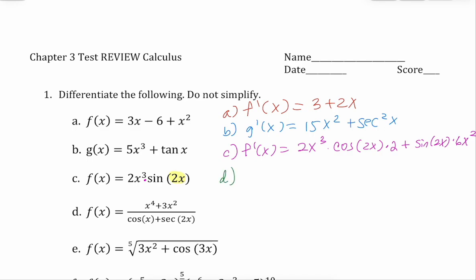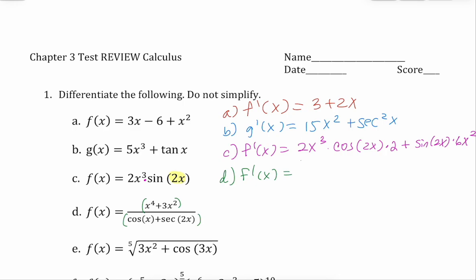Now, for part D, surround your top and bottom in parentheses first, and then let's go ahead and do the quotient rule. Again, there's no simplification necessary. We're just going to do the quotient rule, and whatever happens, happens.